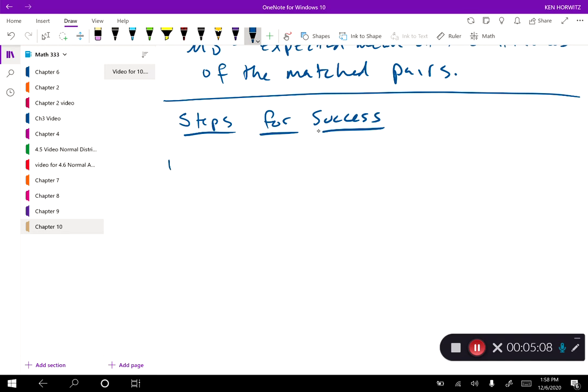So we're talking about one, we're talking about d, and that is x1 minus x2. Basically what we're saying is we need to find the differences of the matched pairs.